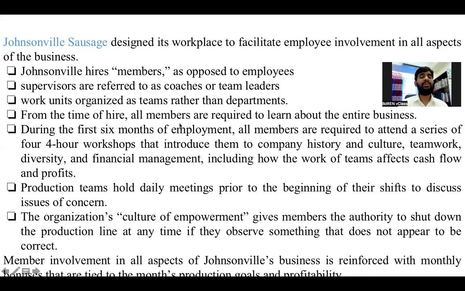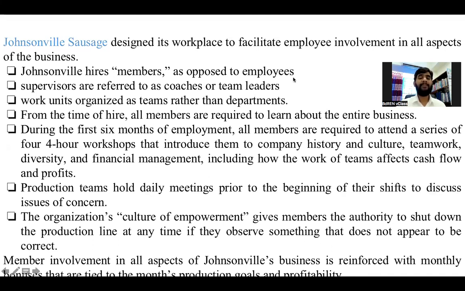During the first 6 months of employment, all members are required to attend a series of 4-hour workshops that introduce them to company history, culture, teamwork, diversity, financial management, including how the work of teams affects cash flow and profits. So the most important issue is that now you can even have access to the cash flow. So if you are a member of the company, you have to know everything, as opposed to employees.